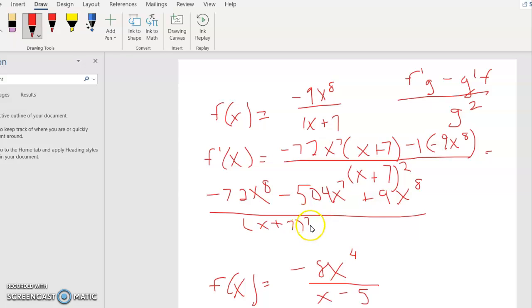Kind of getting low on space here. I should have put that one further down. All right, but let's add like terms. The negative 72x to the 8th and the positive 9x to the 8th. I'll try to squeeze it in here.